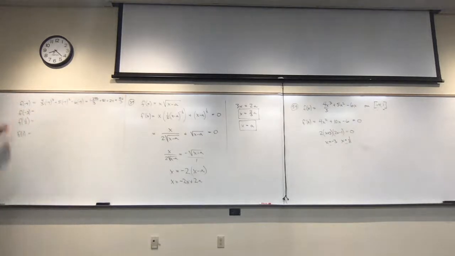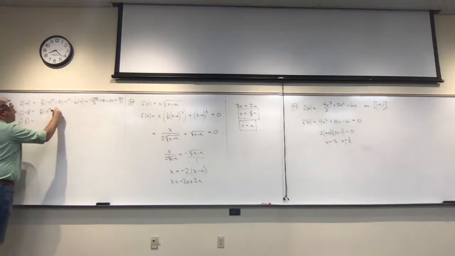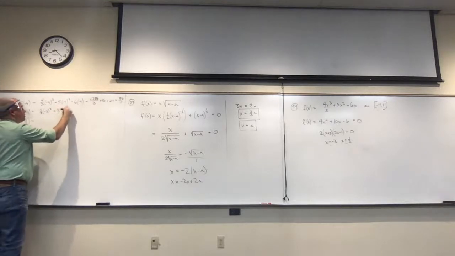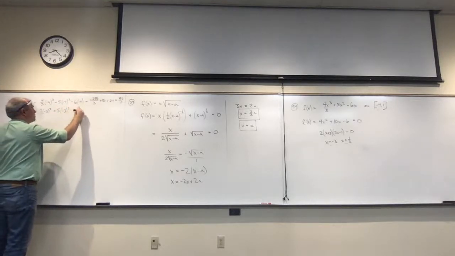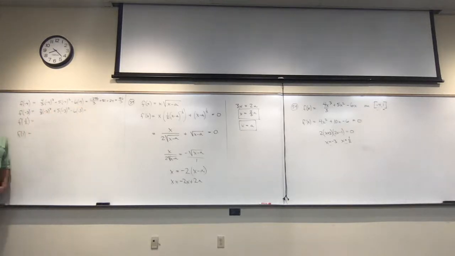Okay, so if I plug in minus 3, we get 4/3 times minus 3 cubed plus 5 times minus 3 squared minus 6 times minus 3. Minus 3 cubed is negative 27 divided by 3, negative 9 times 4, negative 36.